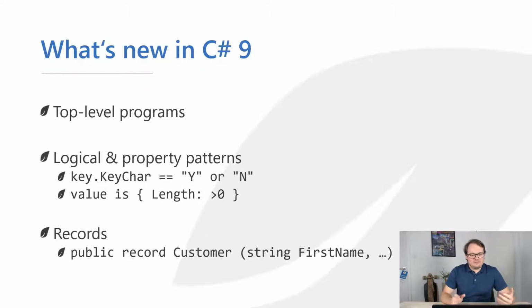You can just write your statements in the file, and you don't need to enclose them in the main method in the program class. This is very simple, because right now it's possible to create just one line of C# code and it's a fully functional program, because you don't need to create the program class and the static void Main method and things like that.